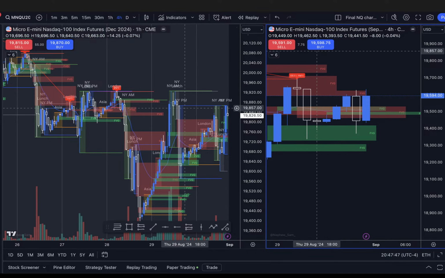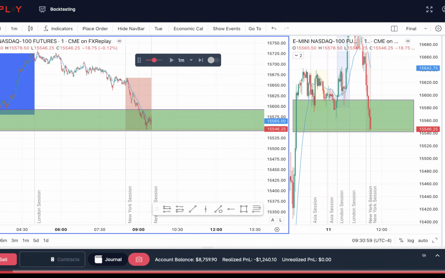You're reading the chart bottom up? What do you mean? Where can you find a 4-hour time frame on NinjaTrader? I don't know. I don't use the 4-hour time frame. On NinjaTrader, I only use it to execute. So I'm on TradingView, and then I just enter my trade on NinjaTrader and manage it.